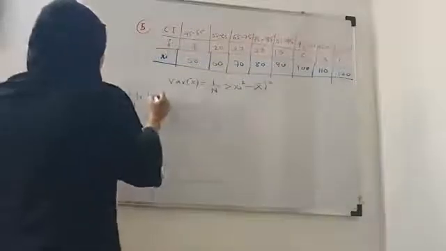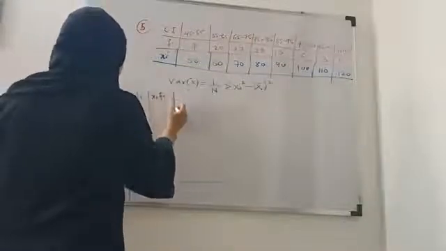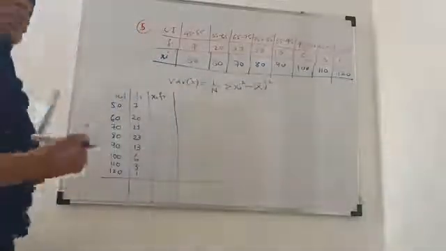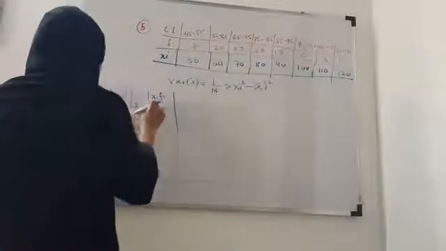So then we require xi into fi, right? For mean. To find out the x bar square, we want xi into fi.